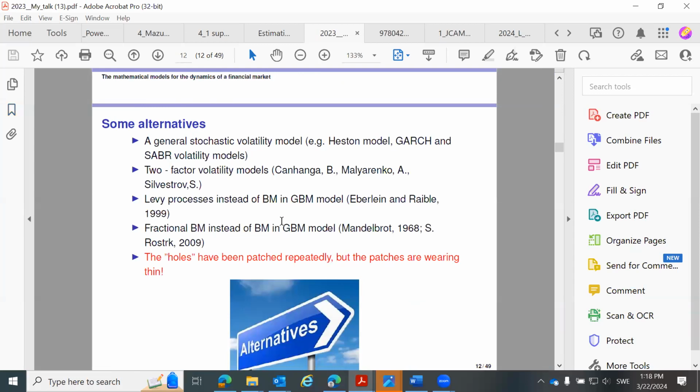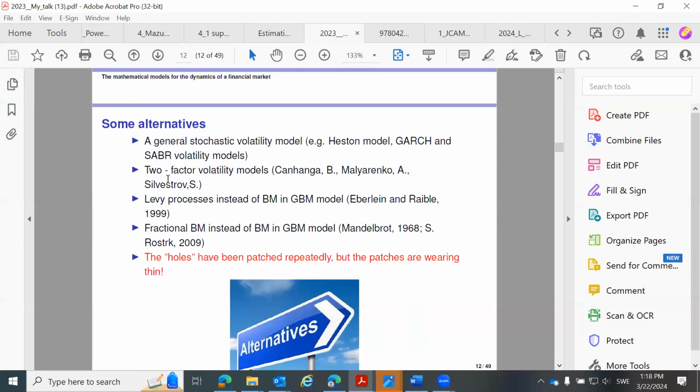Okay. So there are some alternatives to the Black-Scholes formula. As I already said, there is the general stochastic volatility model, Heston, GARCH, ARCH, and others.